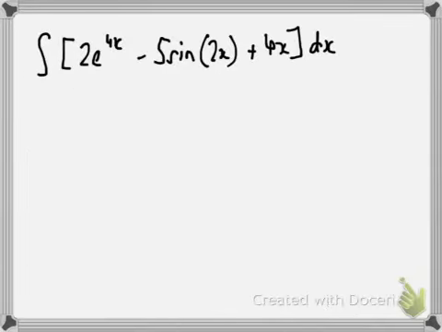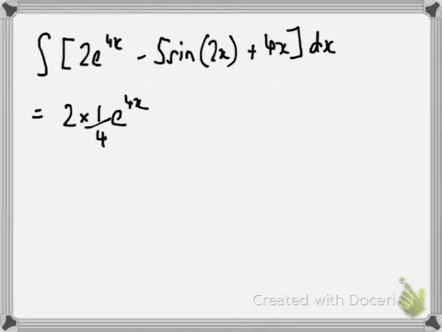Next question involves integrating a few different things within the brackets there, and what you do is just integrate them one at a time. Let's start with 2e to the power of 4x. If we integrate that, it's 2 multiplied by 1 over the coefficient of x, which is 4, e to the power of 4x.